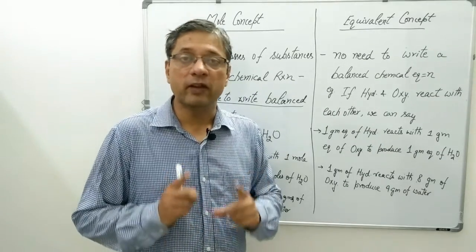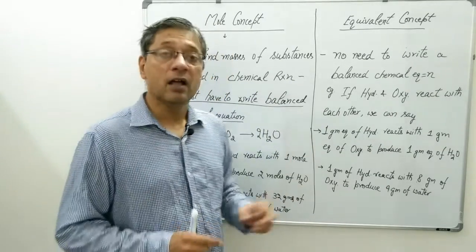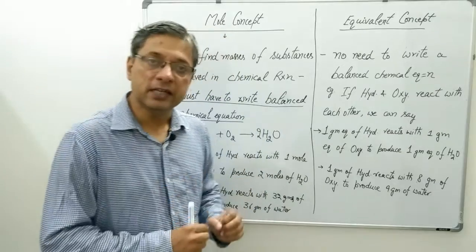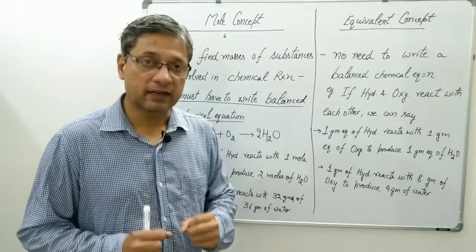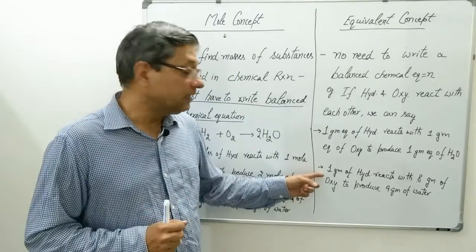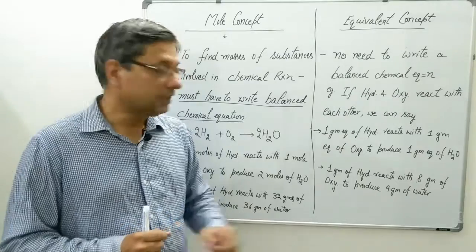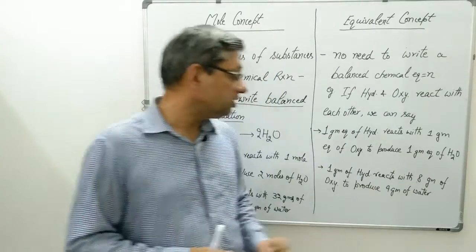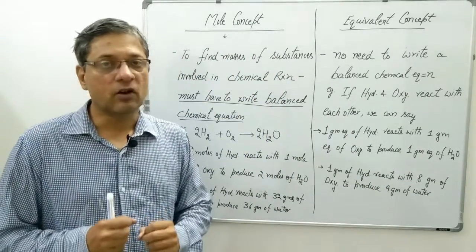By using equivalent mass, we can find the masses of the substances involved in the reaction, and then we will get 1 gram of hydrogen will react with 8 grams of oxygen to produce 9 grams of water.